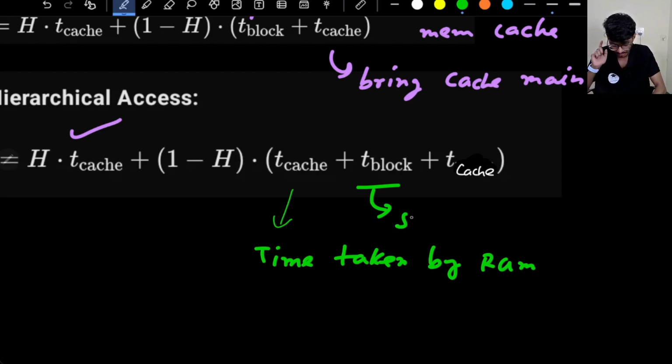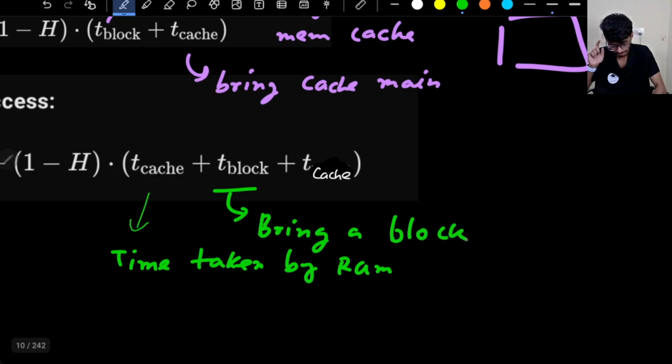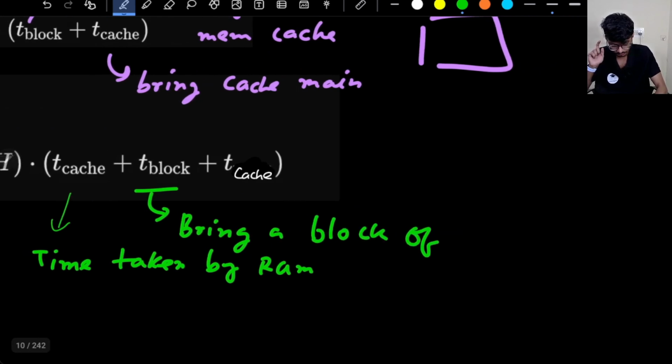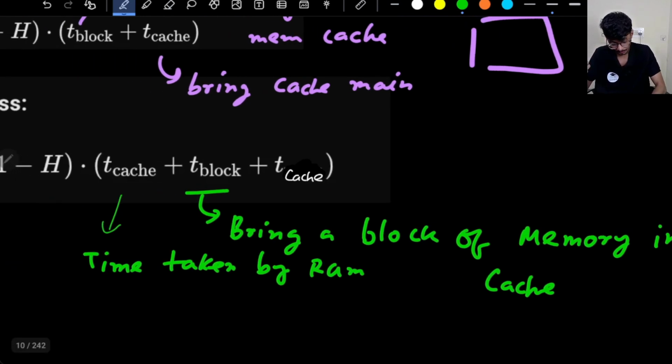So this is the time taken to bring a block of memory into the cache. After that, Ram will again go get the value from the cache.